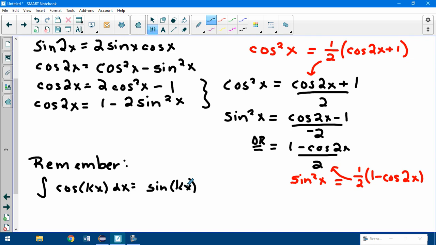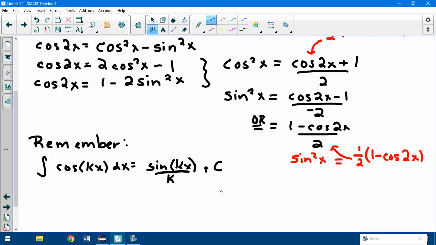But if I was taking the derivative right now, I'd have to multiply by k because of chain rule. So since I'm going backwards, instead of multiplying by k, I'm going to divide by k plus c. And similarly, the integral of sine of kx dx is equal to the derivative of what gives you sine? Negative cosine. So negative cosine of kx over k plus c.